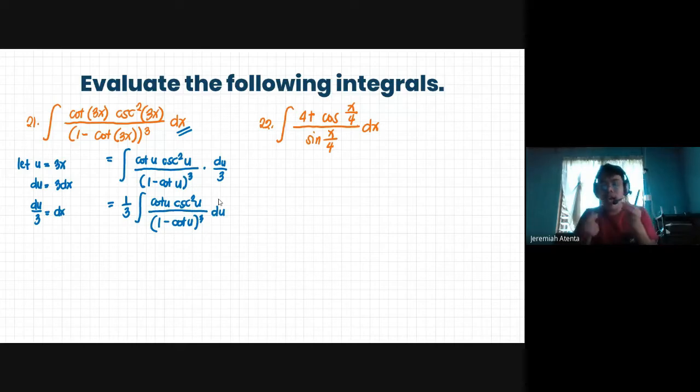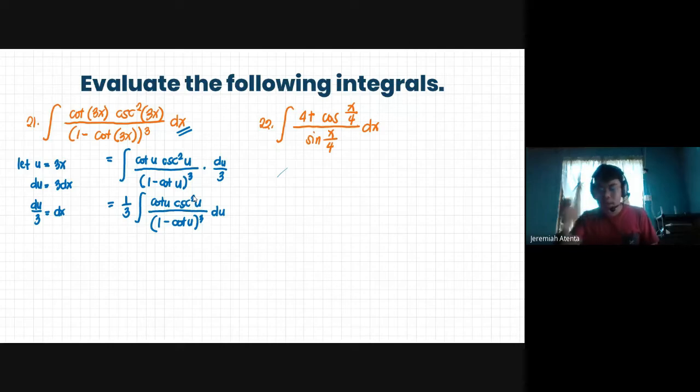Now, in this case, ano ba yung derivative ni cotangent? Lalabas kaya si cosecant? Kasi we have cotangent and cosecant here. Dalawa yung involved. If si cosecant yung ililet u ko, lalabas kaya si cotangent? Ganun yung mga ways natin.